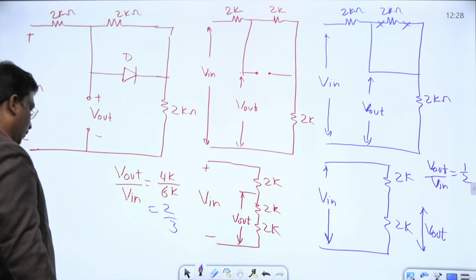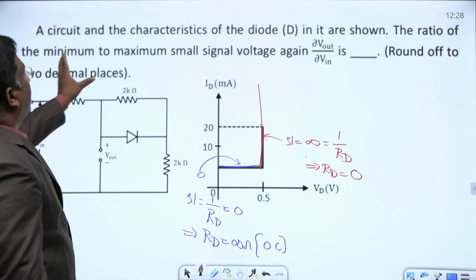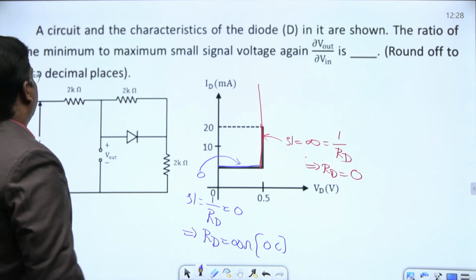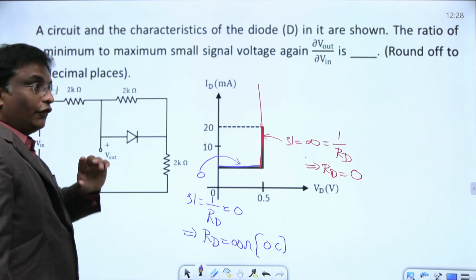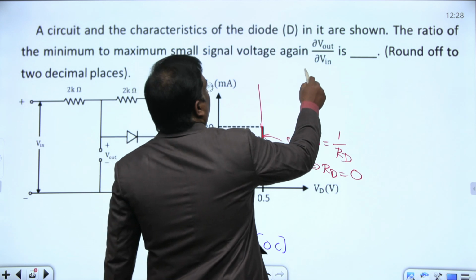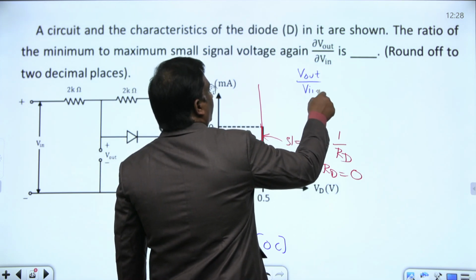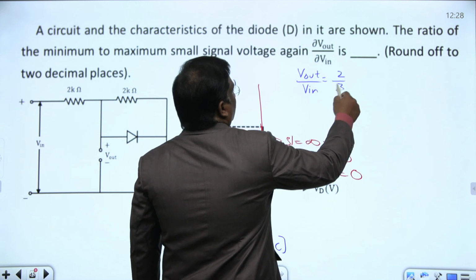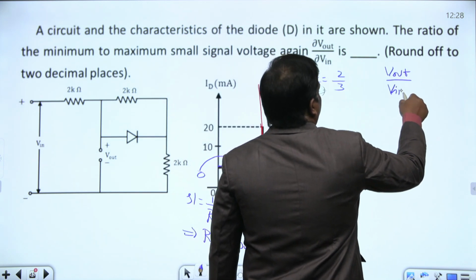If you go back to the question here: a circuit and characteristics of the diode are shown in the figure. The ratio of minimum to maximum small signal voltage gain, V out by V in. We found the voltage gains. In one diagram we got V out by V in as 2 by 3. In the other, V out by V in we got as 1 by 2.